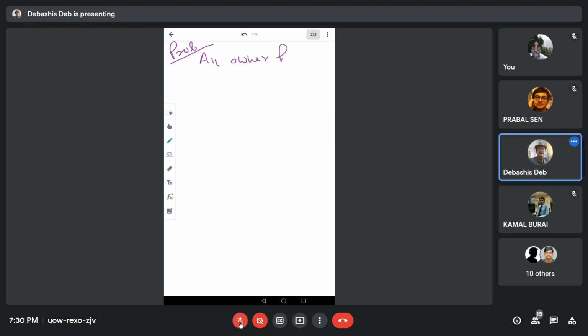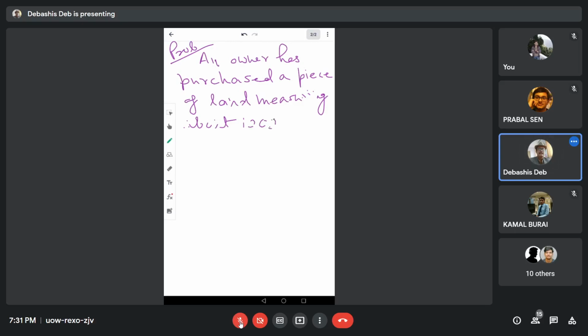Owner has purchased a piece of land measuring 1000 square meter.